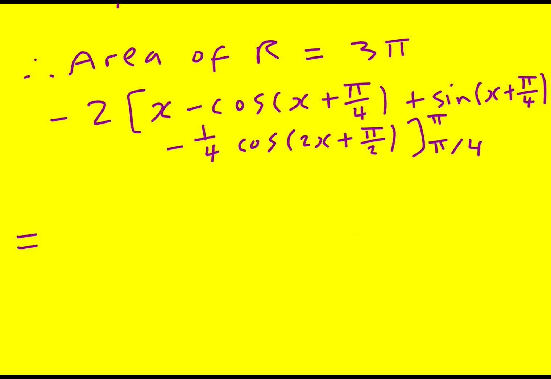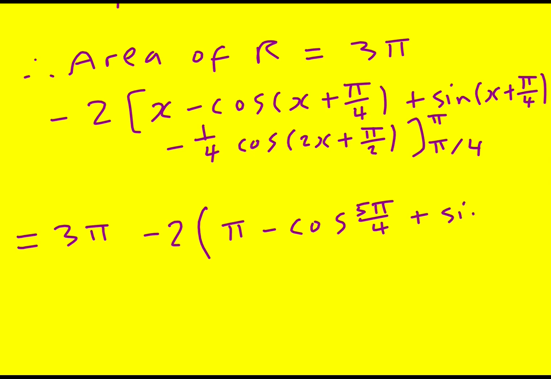Okay, here goes. Going to still have this 3 pi. Then I'm going to substitute in for pi. Here I'm going to get 2 pi plus pi over 2.